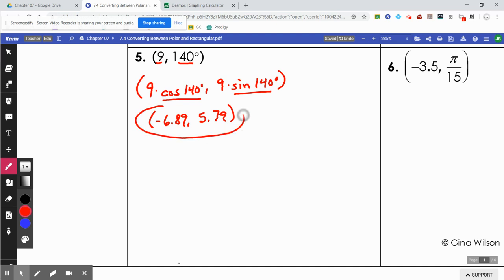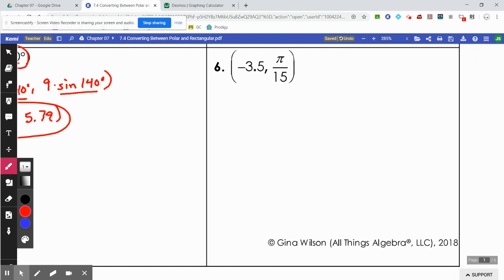So therefore, you see a negative and a positive goes left and up. That would be a second quadrant angle, which is what it should have been. And then the next one, number 6. Again, your x value will be r times the cosine of theta. And again, theta, this is 180 divided by 15. That'll be a 12-degree angle.